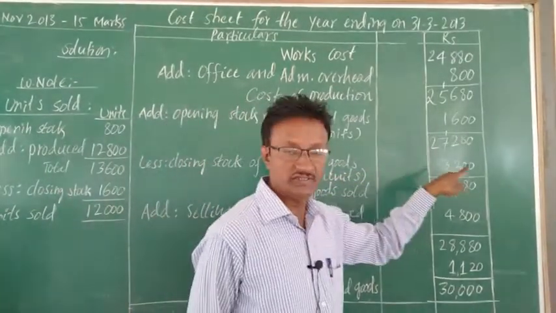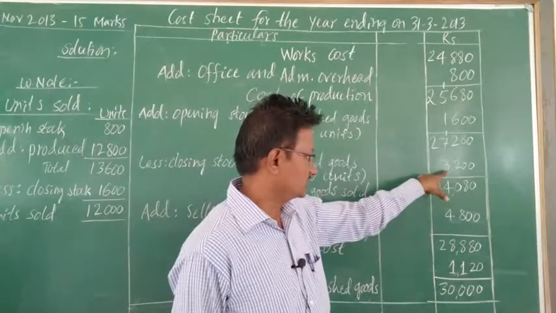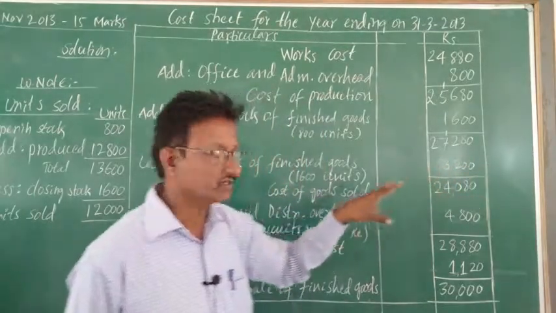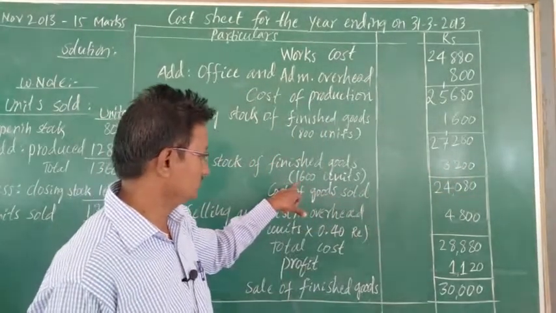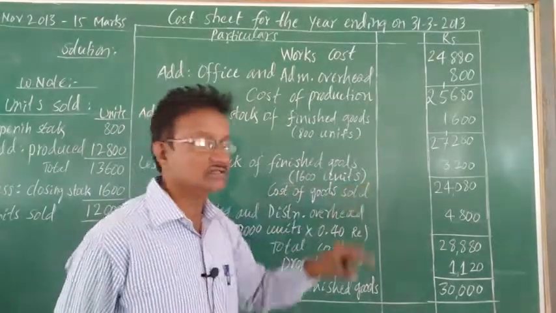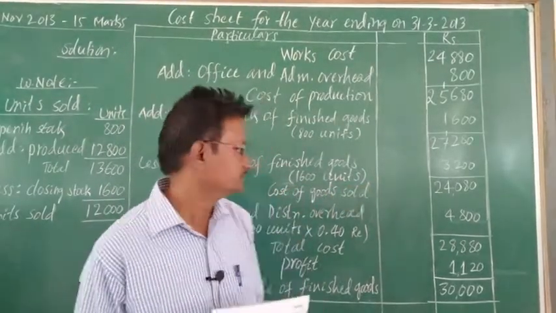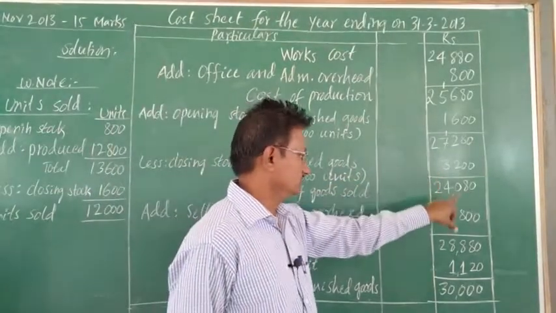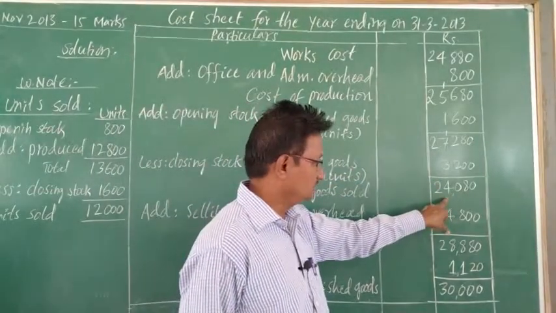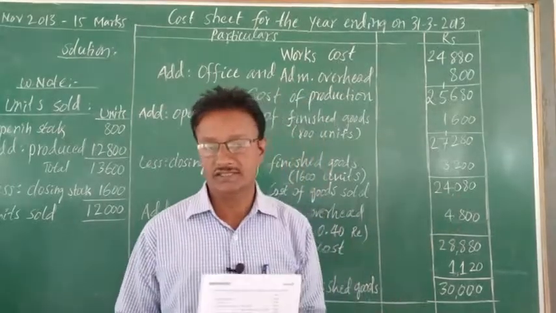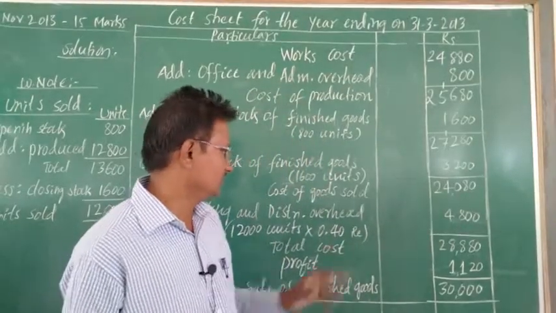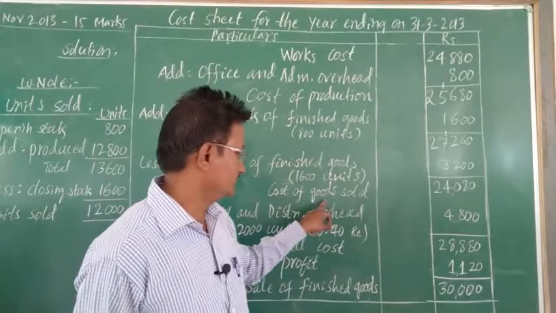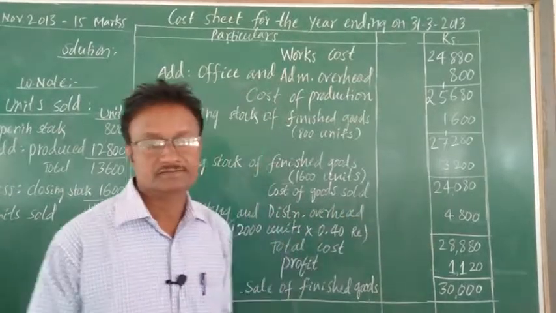The value is given in the problem, that is 3,200, and closing stock in units is 1,600 units. By deducting closing stock of finished goods, the remaining value is 24,080. It is called cost of goods sold.